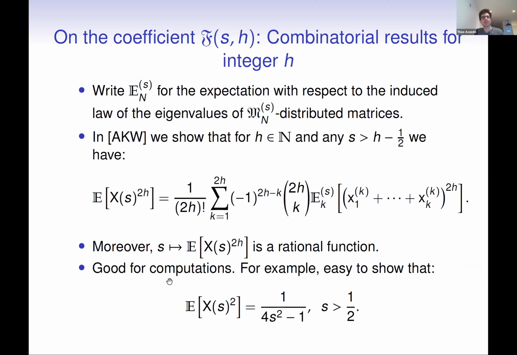But the thing is, you don't even have to use this to compute things. Because the main thing is, as I mentioned earlier, this F_{s,h} for s an integer was already computed, and it was a rational function. So if this is a rational function as well, and they match at the integers, then they're the same.